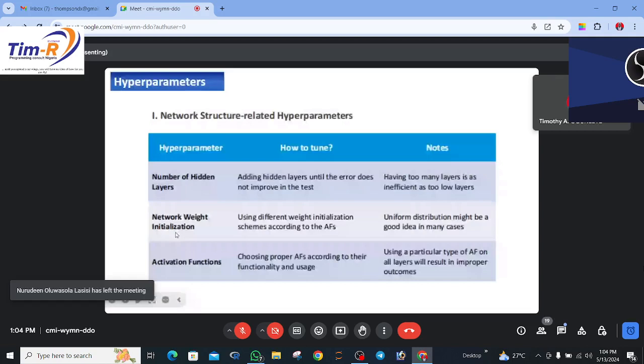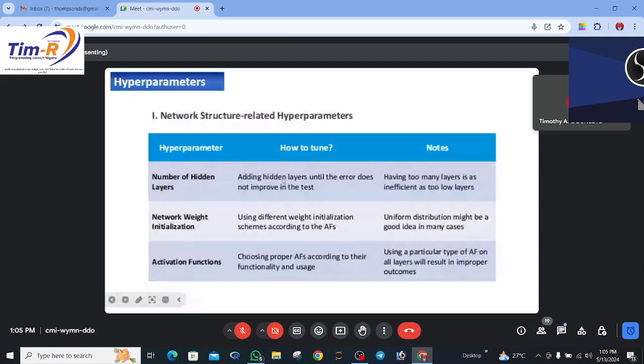For the number of hidden layers, adding hidden layers until the error does not improve on the test is the best way of tuning and making sure that the hidden layers are okay. I'll still explain what all these are.